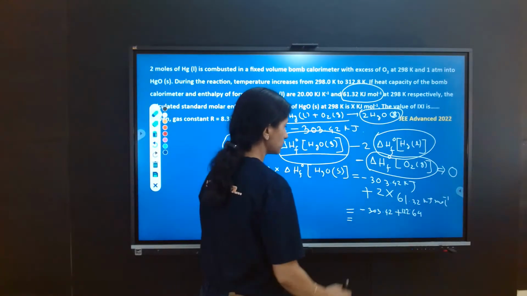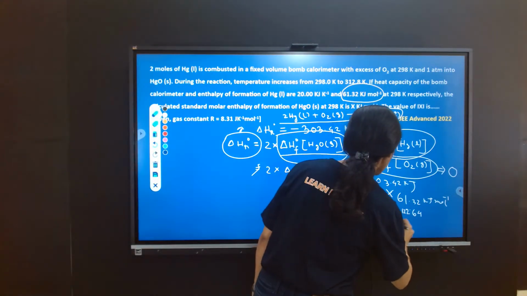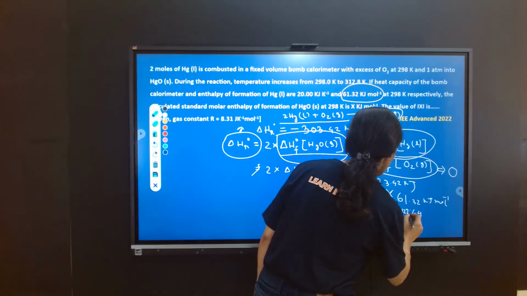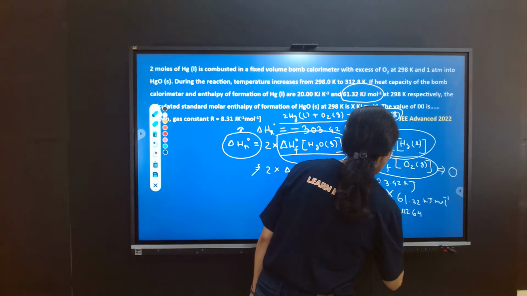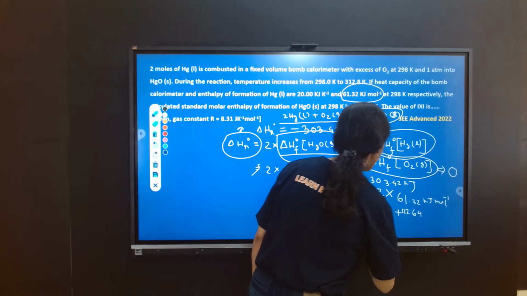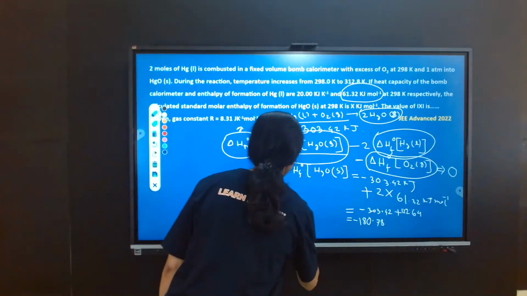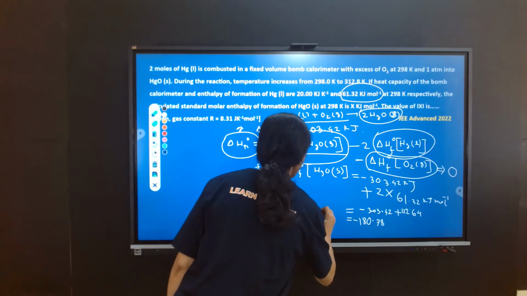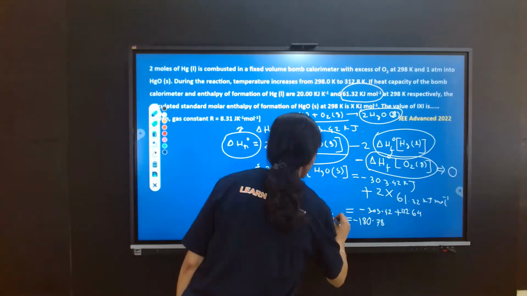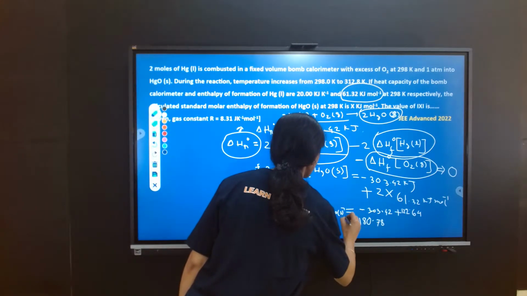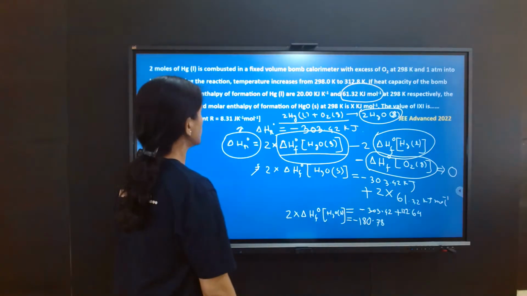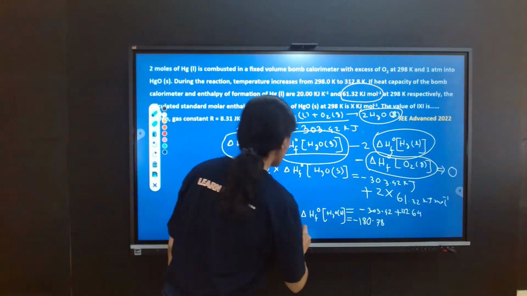Now, if you subtract it, you'll get 180.78, right? So this is for 2 moles of delta HF0 HgO solid, right?